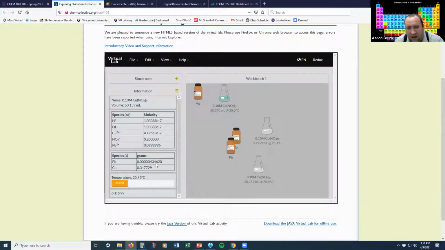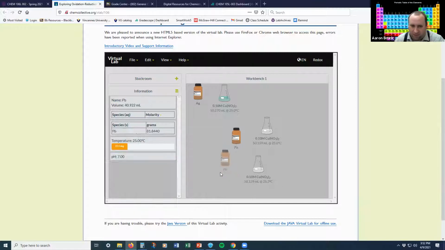The lead, it's still stabilizing, but the lead is effectively zero. The copper metal is increased in value. The lead has effectively replaced the copper. So I would have evidence of a chemical reaction there as well.